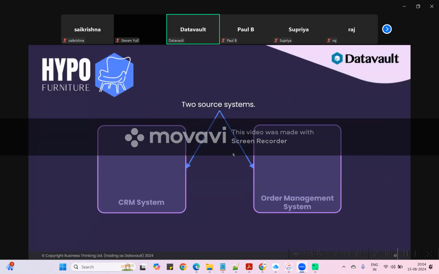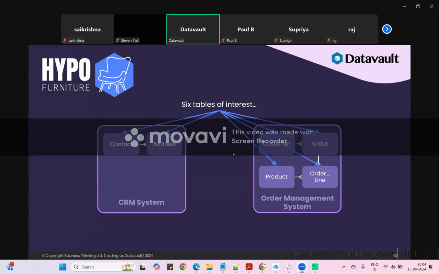So to solve this problem, they have found two source systems in the organization, the CRM and the order management system. They hold information about purchases, and each of those has tables, so there may be hundreds of tables in each of these systems. We're going to go right down to just a small sample set to be agile.